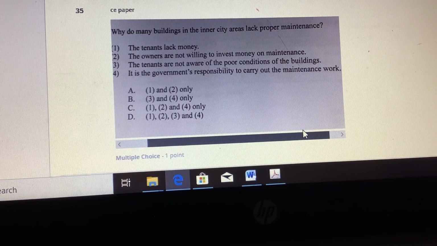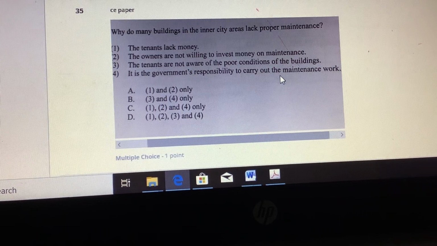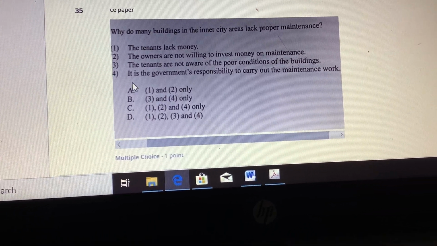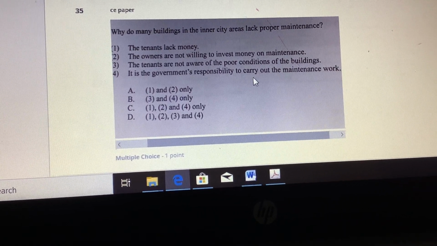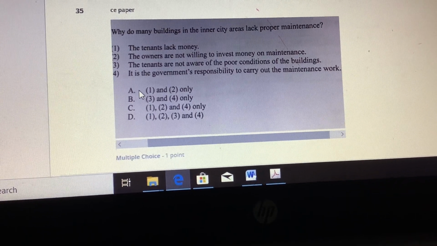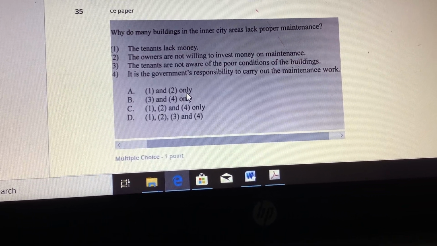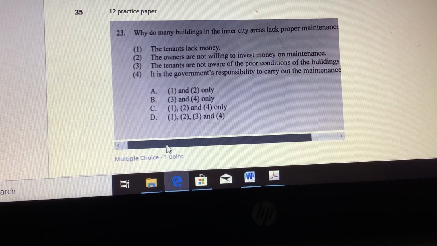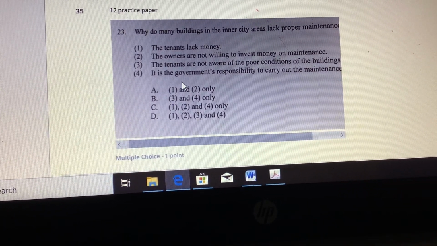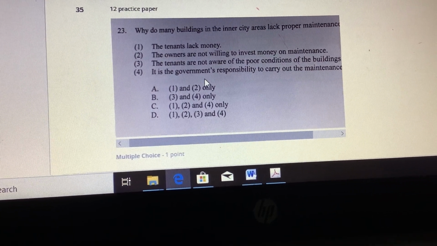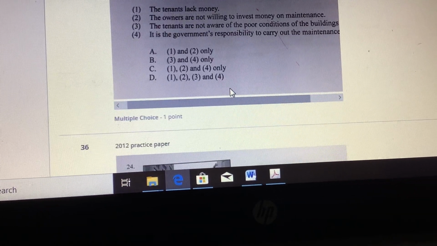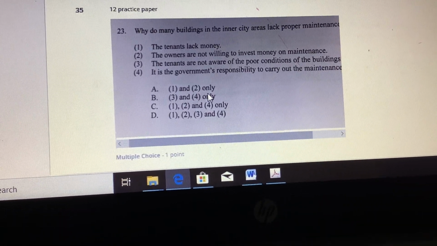Maybe let's see the entire things. Not quite sure, I don't think so. It's the government's responsibility to carry out the maintenance work. Is it? Not really. Because when you pay for the house, to a certain extent you have to maintain it, right? Just like Mr. Leung, if Mr. Leung buys a house, I have to pay the money to renovate. So A, numbers 1 and 2.